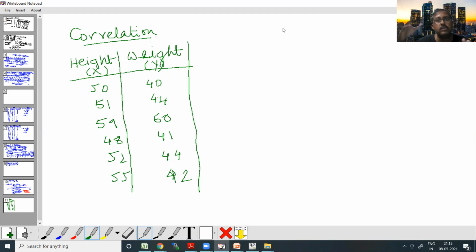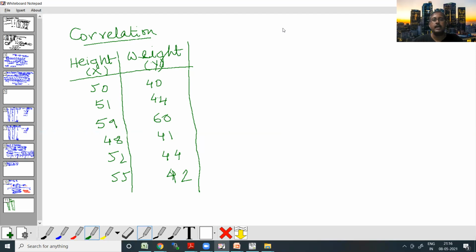What if you want to see the relation between two variables or two attributes in a data set? Say, for example, I have a data set which has the height and weight of a set of students, and we represent them as the variable x and the variable y. How do I see whether they are related together?